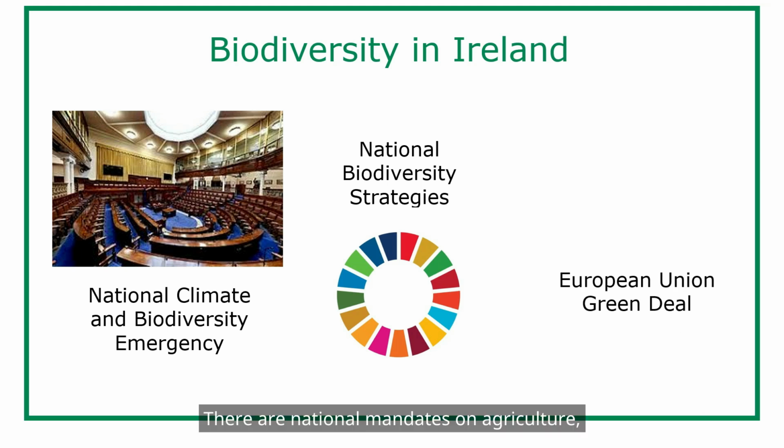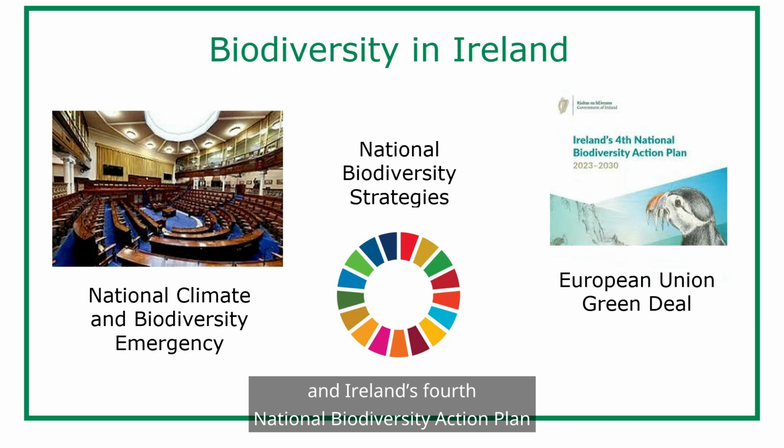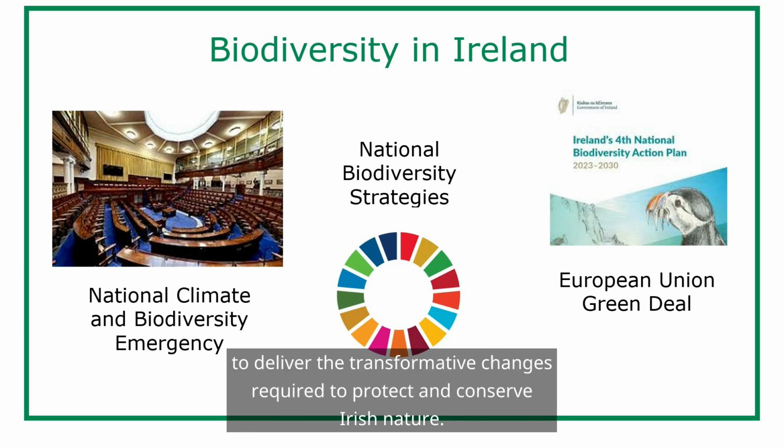There are national mandates on agriculture, forestry and the oceans to protect biodiversity, and Ireland's 4th National Biodiversity Action Plan is taking a whole government and all of society approach to deliver the transformative changes required to protect and conserve Irish nature.